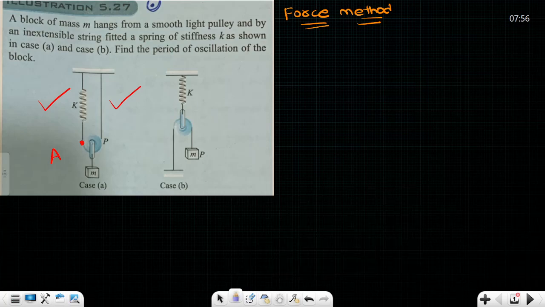See here, there is also a way to prove this. There is also a way, surely. Mathematically also I can try to prove that the extension in the spring is double the movement of the mass.